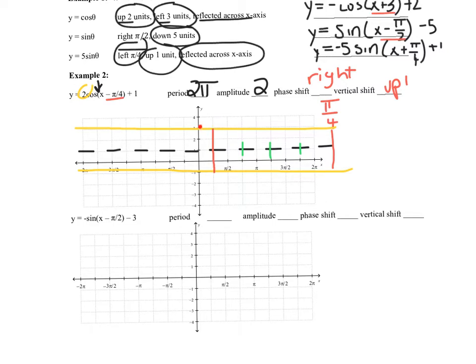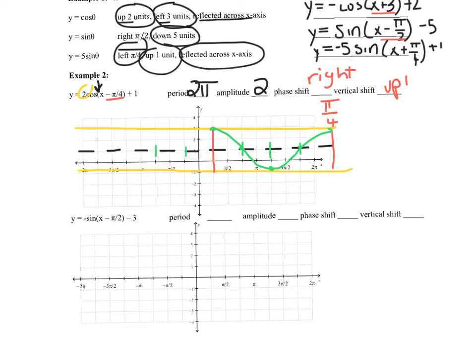But instead of starting the max right here, it has shifted over to the right. So I'm in green, I'm going to do max, 0, min, 0, max. So my graph looks like this. And I'm going to keep it going on the other side.